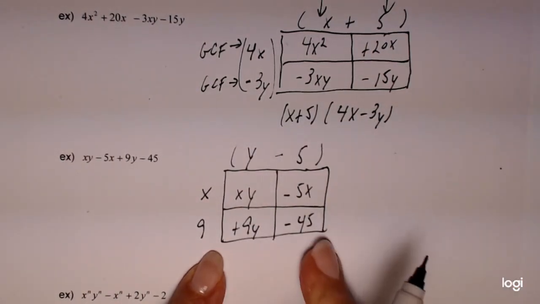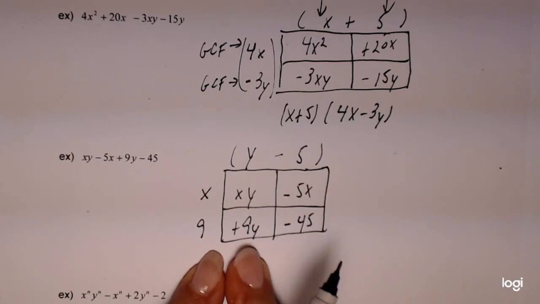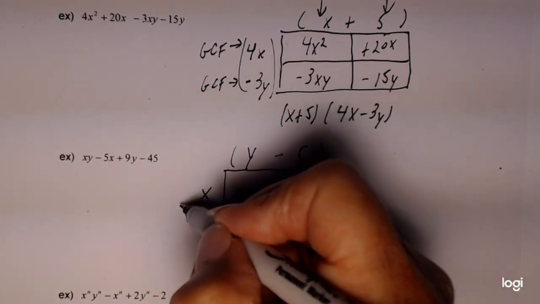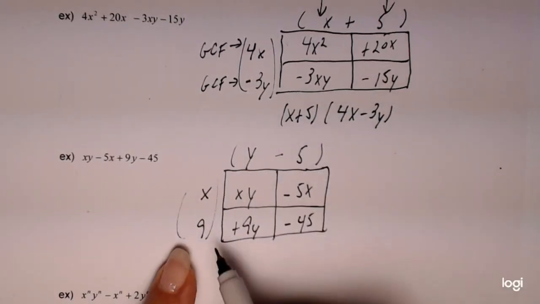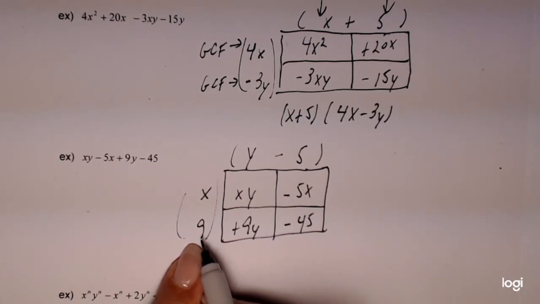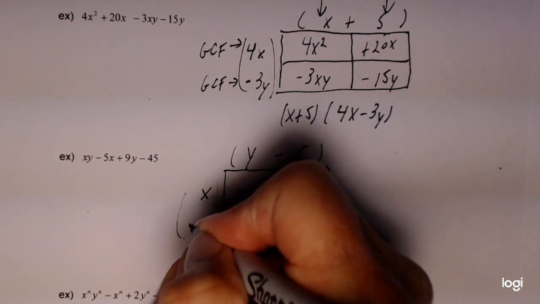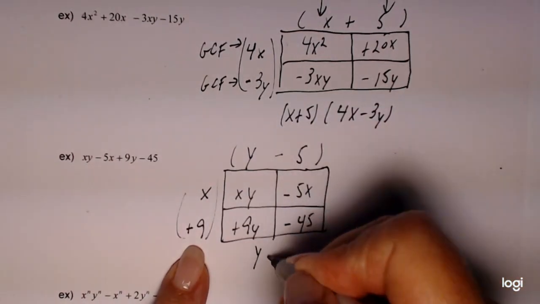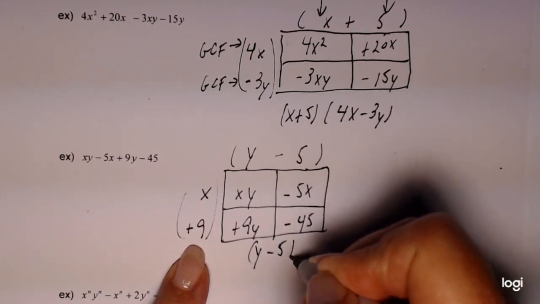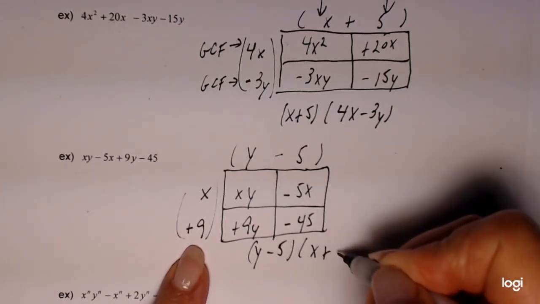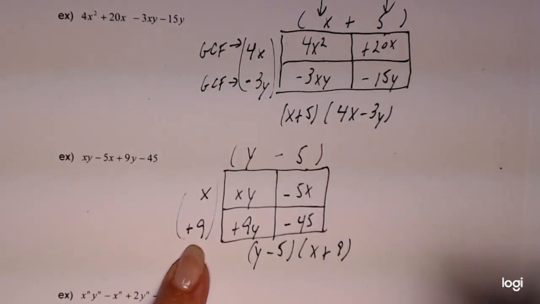And now y, but no y, so it's just the 9. So there's our factor. We need a sign plus or minus in front of this 9. It's sitting in front of the box where 9 is positive, so this would be positive. So our factors are y minus 5 times x plus 9.